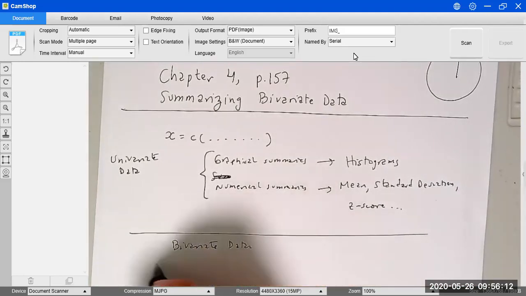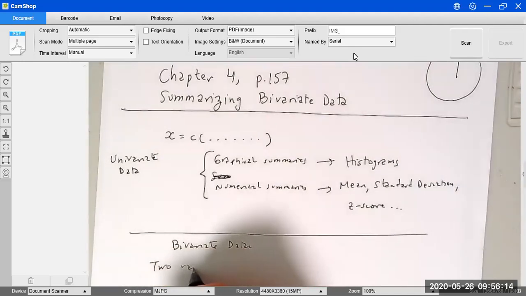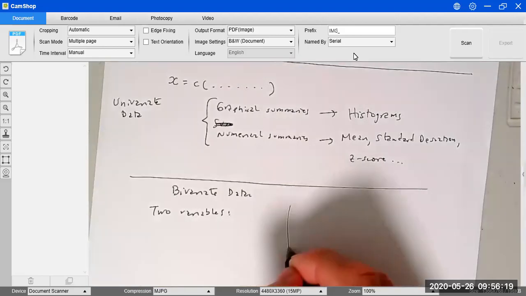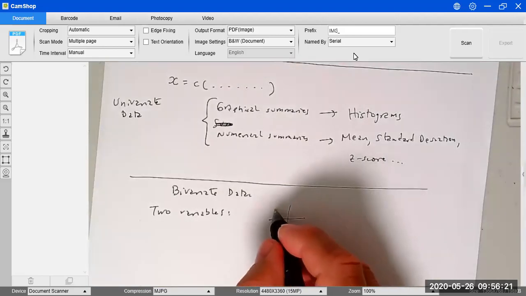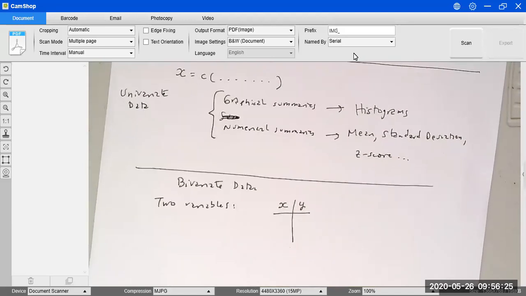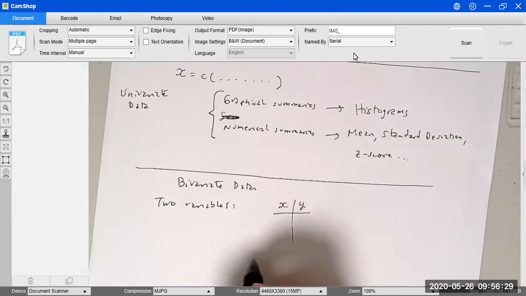So now we have two variables. And we're going to see those two variables usually as a table. So we're going to have a table with values of x and values of y. Now we're going to do the same thing that we did before. So we need to generate some graphical summaries.